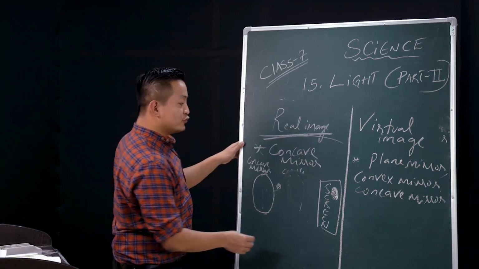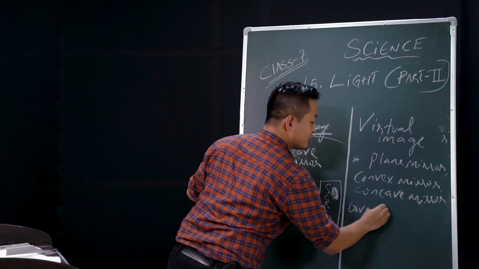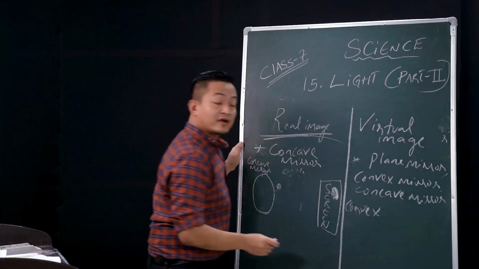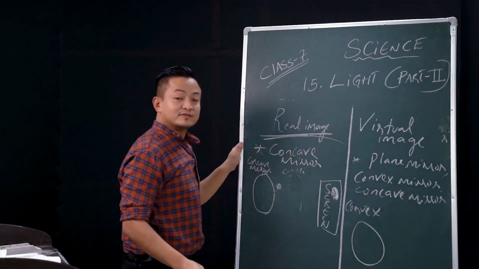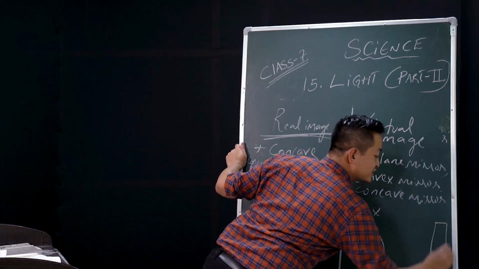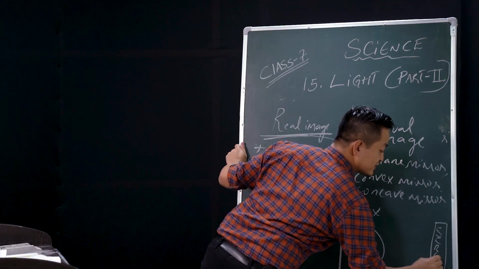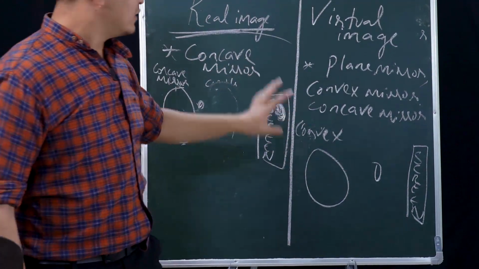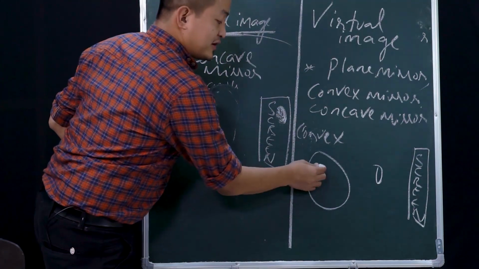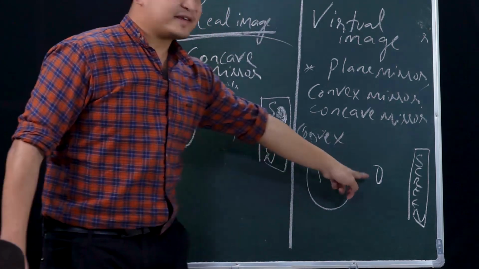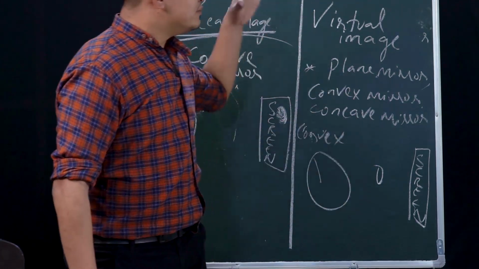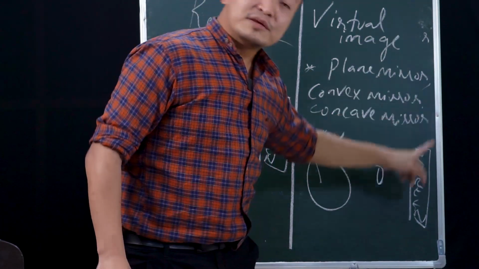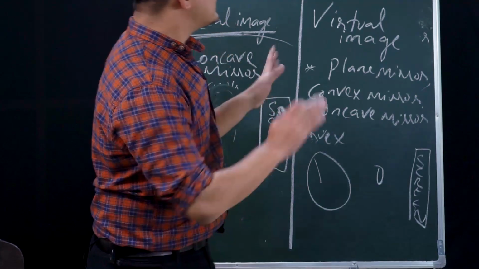Now, if we have a convex mirror, and this is a screen, and you keep the candle here, now the image would not project on the screen. Clear? So this is the difference.